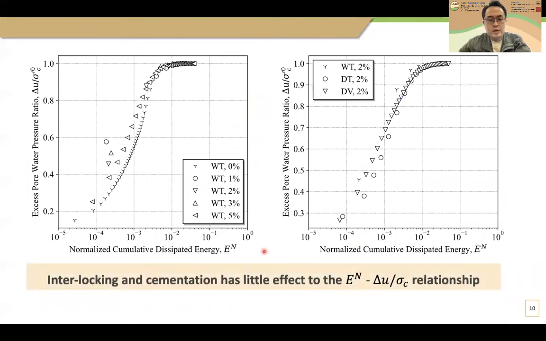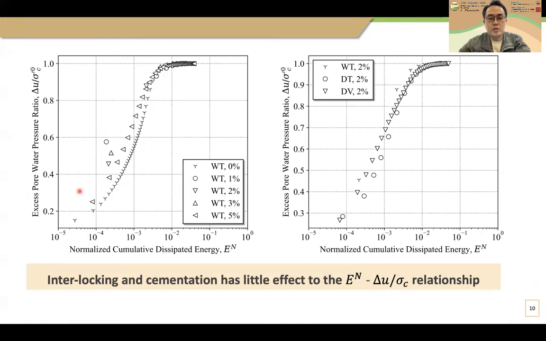So this is my test result. The horizontal axis shows the normalized dissipated energy, and the vertical axis shows the excess water pressure ratio. The left figure shows the results by changing the cement content, and the right figure shows the ones by different specimen preparation methods.